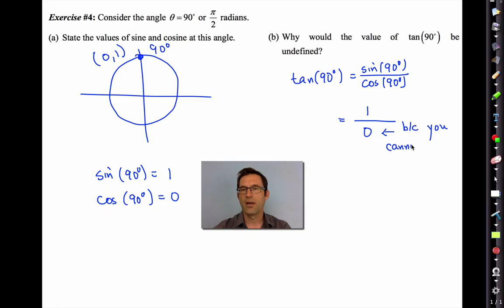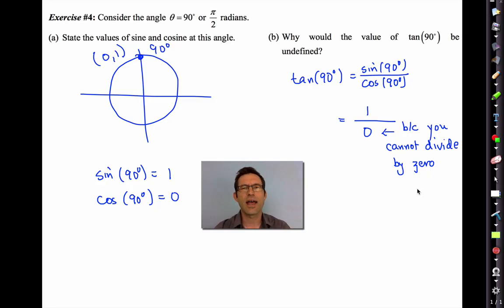you cannot divide by 0. You cannot divide by 0. It's that simple. All right. Now that's interesting. Sine and cosine are defined everywhere. Any angle you want, toss them into sine or cosine, you're going to get an answer out.